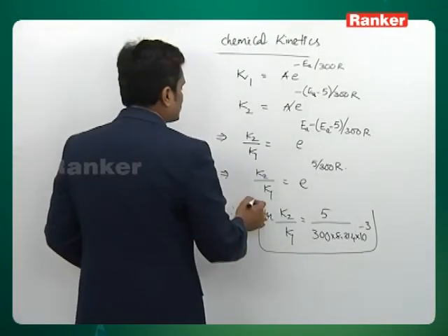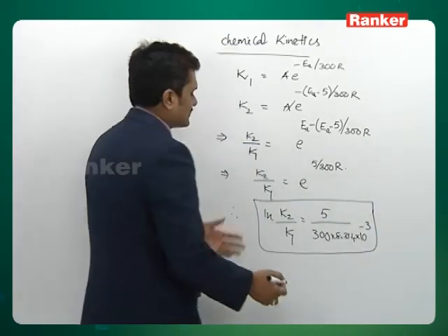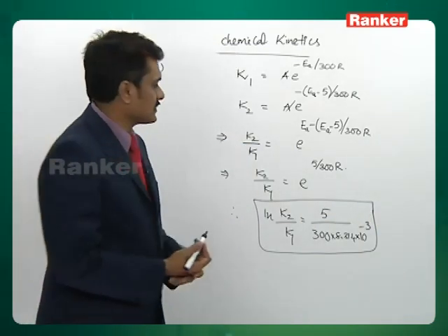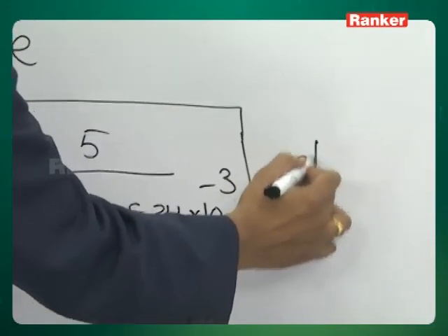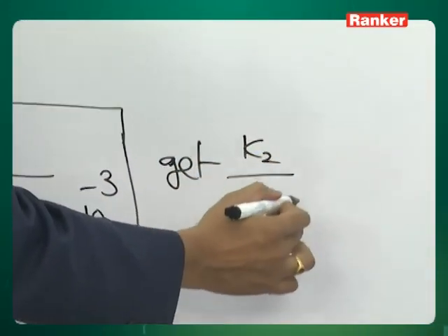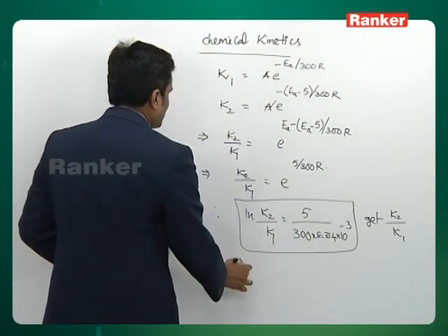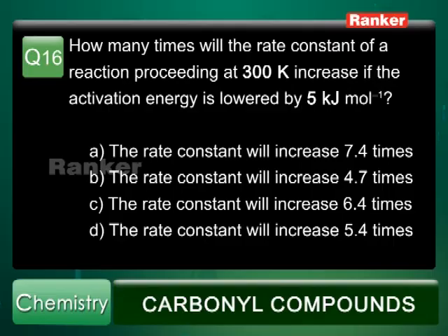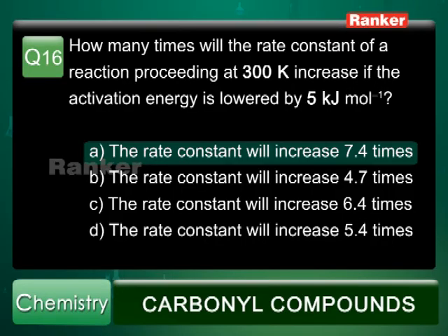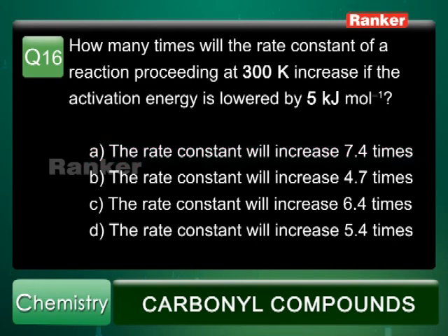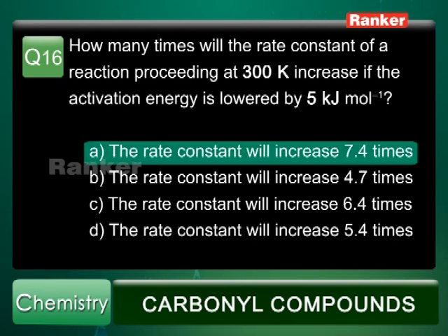So when I simplify this expression, I will get the ratio of K2 by K1, by which I will observe that the rate constant is increased 7.4 times, hence option A is the correct answer.